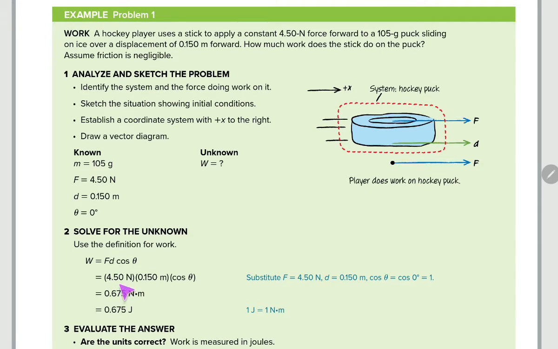So 4.50 Newton multiplied by 0.150 will equal 0.675 Newton meter, which is the unit for the work. Or we can say 0.675 joule, which is also the unit of the work.